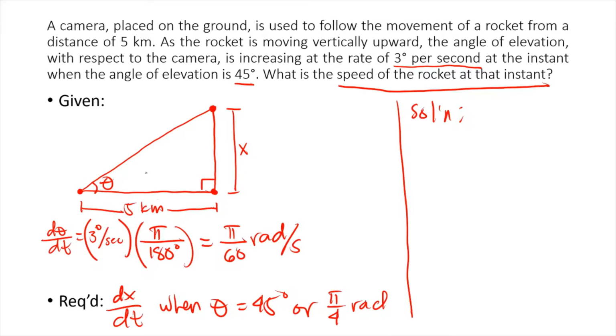So we need to use a trigonometric function that involves the opposite side and the adjacent side, and that would be the tangent function. So tangent of theta equals the opposite side, which is x, over the adjacent side, which is 5 kilometers.